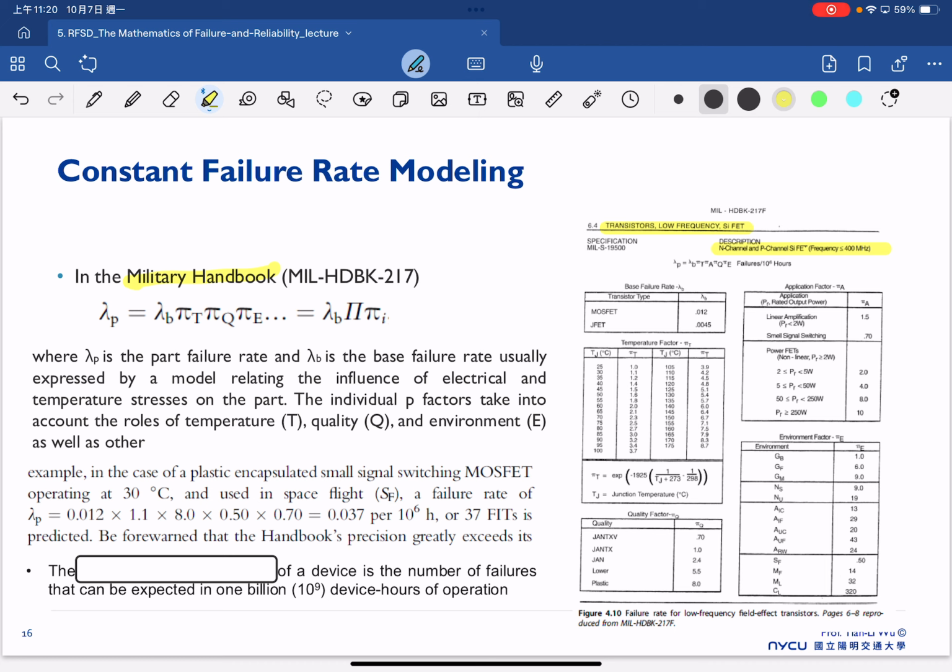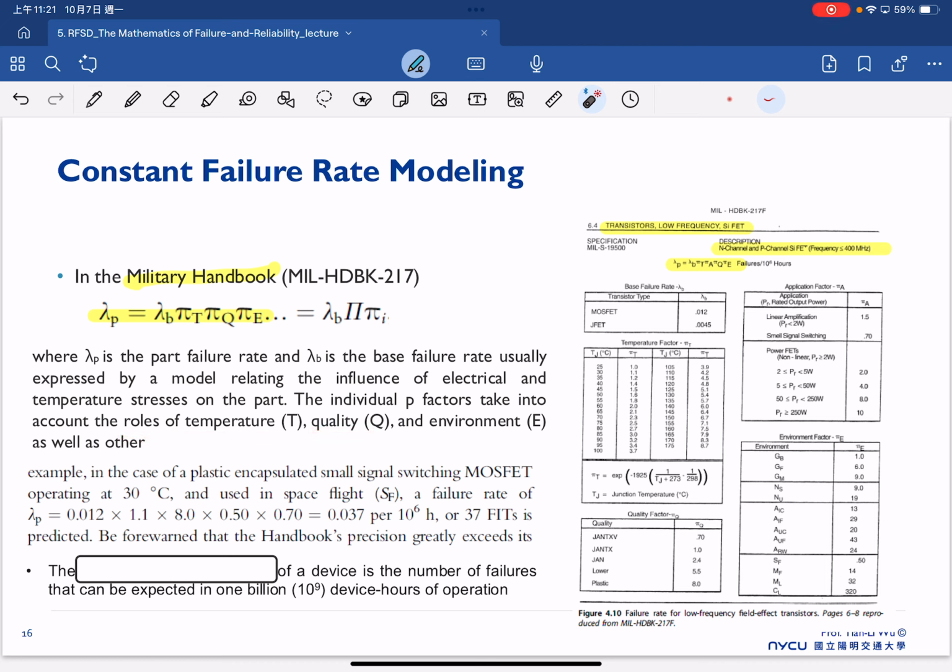In this handbook, they already define that the failure rate can be calculated with this equation, which is also shown here. Lambda P is the part failure rate and lambda B is the basic failure rate, usually expressed by the model rate relating to the influence of electrical and temperature stress on the part. The individual pi factors take into account the role of temperature, quality, and environment as well.